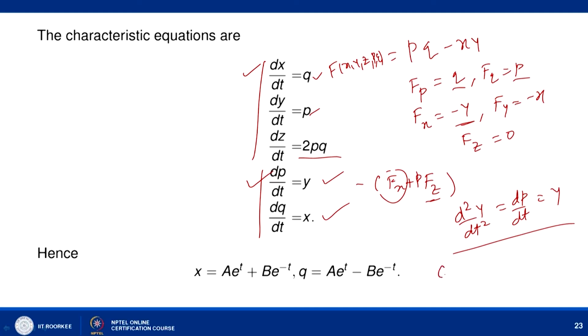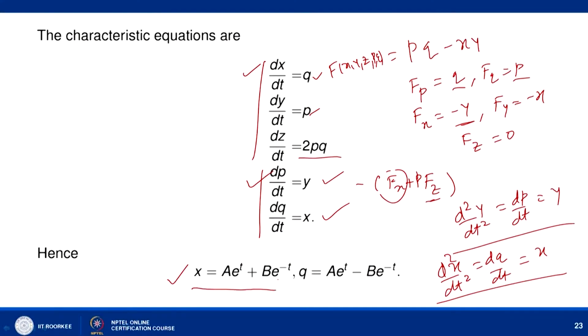Similarly, d2x by dt square is equal to dq by dt, that is x here. So again d2x by dt square is equal to x, and you can write x as a linear combination of e to power t and e to power minus t.